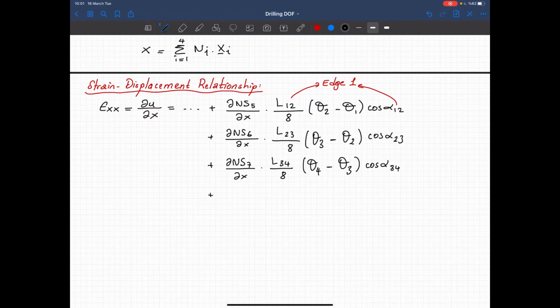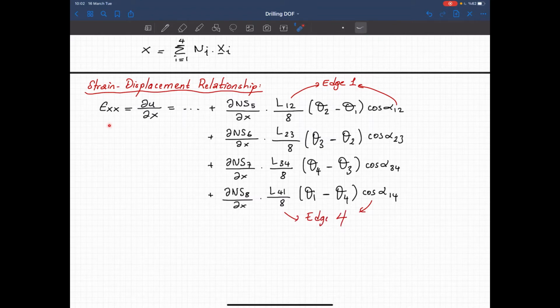And finally the fourth edge: del NS8 divided by del x multiplied by L41 divided by 8, theta 1 minus theta 4, cosine alpha 14. And this is for edge 4.